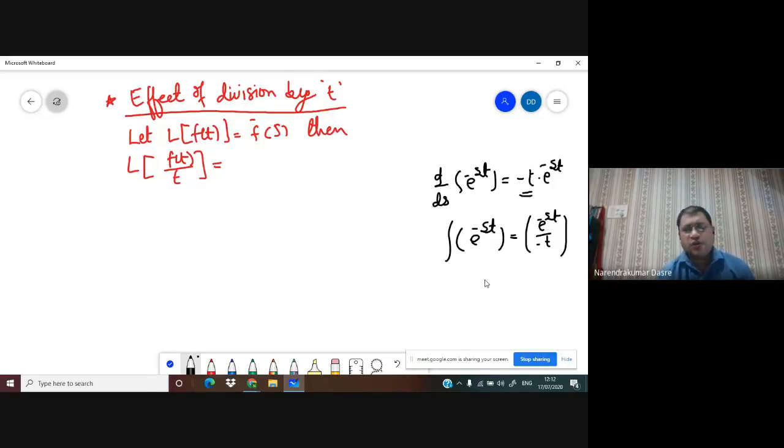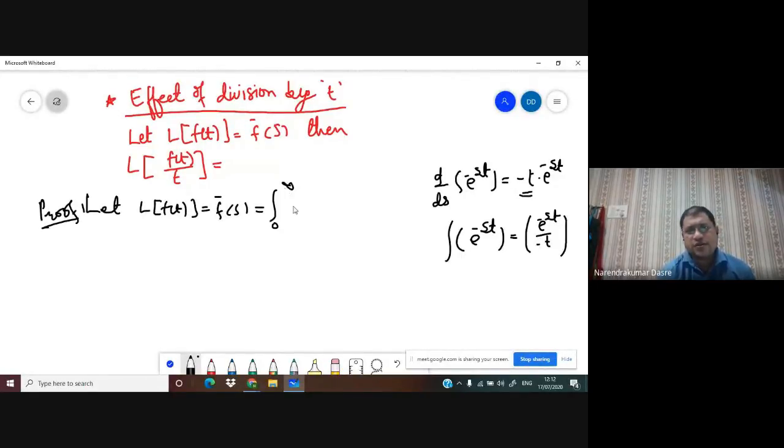Good. So now remember that if I want to take the integration, then I have to be careful. Okay, because here what we have is, let Laplace transform of f of t be equal to f bar of s, and this is the integral 0 to infinity e raised to minus st f of t dt.